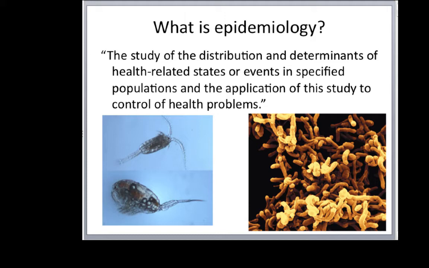But there's other determinants as well. For example, not having access to clean, potable water, right? So that a person would have to drink from contaminated water that could possibly have, remember, these organisms that carry that particular type of bacteria, right? Any questions before I go on?